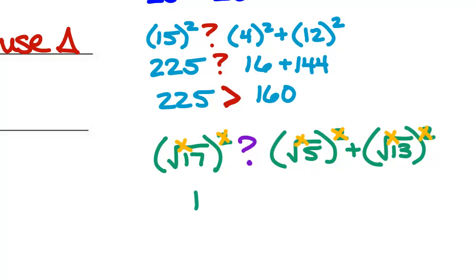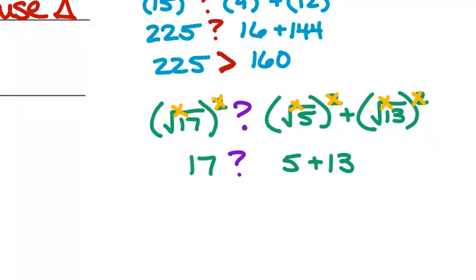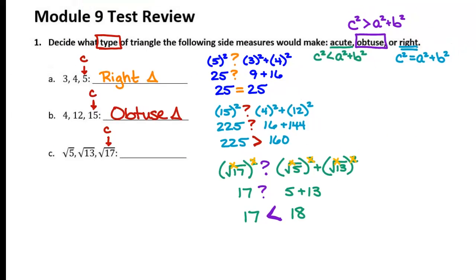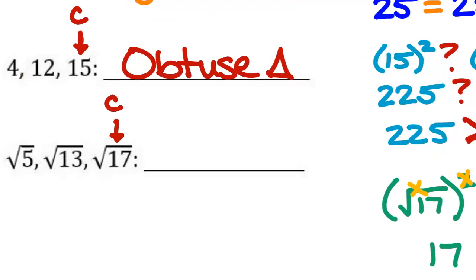So I end up with 17 on the left, and on the right, I have 5 plus 13. And 5 plus 13 gives me 18. 17 is smaller than that. So since c squared is smaller than a squared plus b squared, it's an acute triangle.